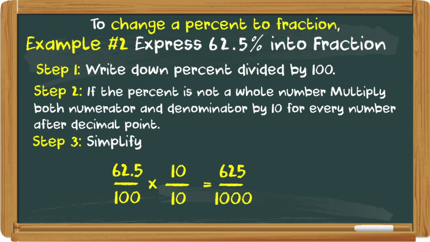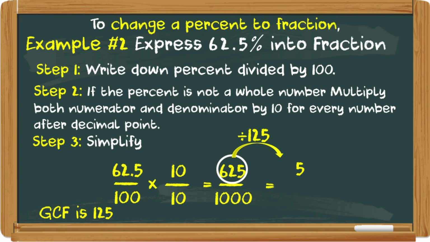The GCF of 625 and 1,000 is 125. So dividing 625 by 125 will give us 5, and 1,000 divided by 125 will give us 8, giving us the final answer, which is 5/8.